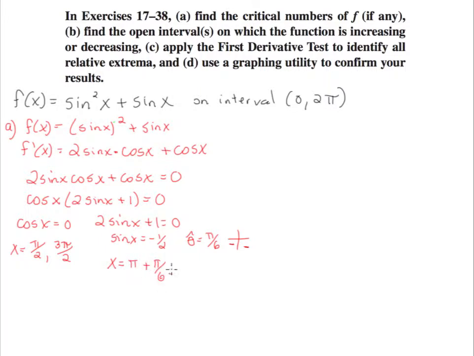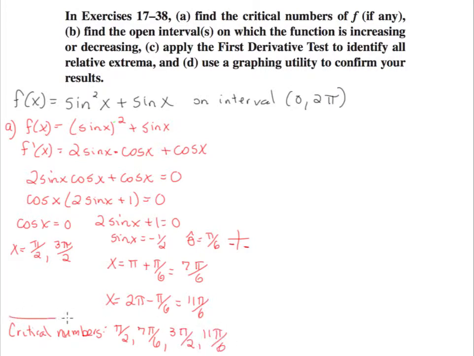So the angle in quadrant 3 with that reference angle would be 7 pi over 6, and in quadrant 4, that would be 11 pi over 6. So this problem has 4 critical values: pi over 2, 7 pi over 6, 3 pi over 2, and 11 pi over 6. And again, because sine and cosine derivatives always exist, I don't have to worry about when the derivative does not exist.